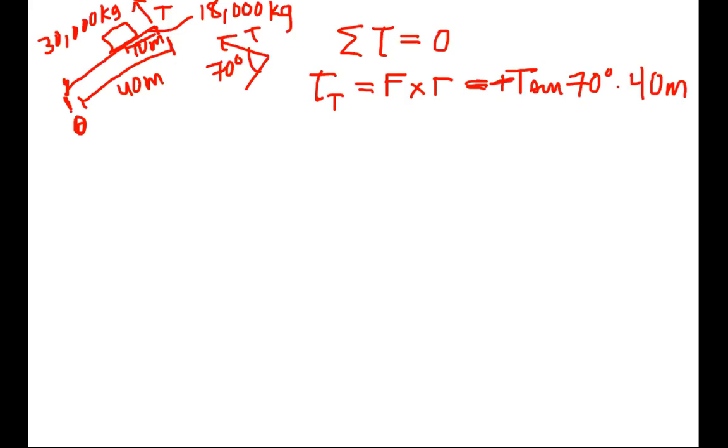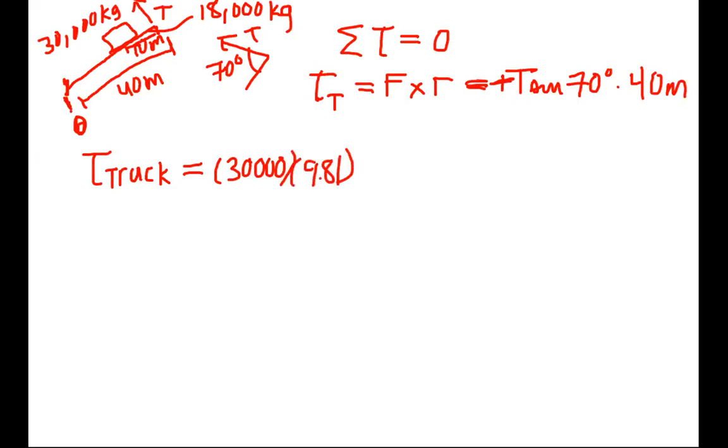We also have the torque due to the truck. So that's the same concept of force times radius. So that would give us the force, which would be the weight, mg. So that's 30,000 times 9.81.